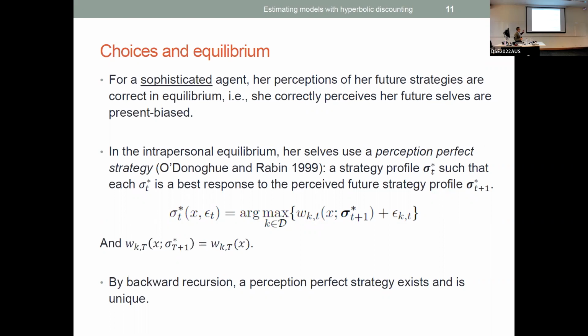So in this setting, the strategies are defined recursively. This sigma star at t would be just the argmax of something that is a function of your strategy profile from t+1. And by backward recursion from the terminal period, a perception-perfect strategy exists and is unique.